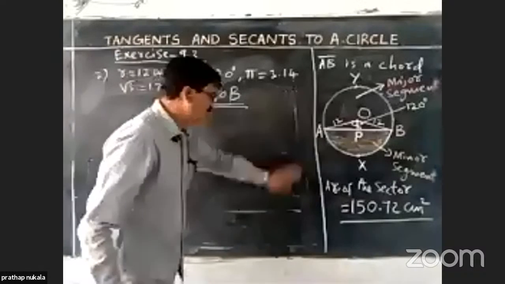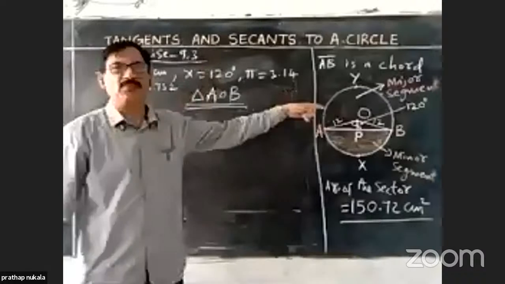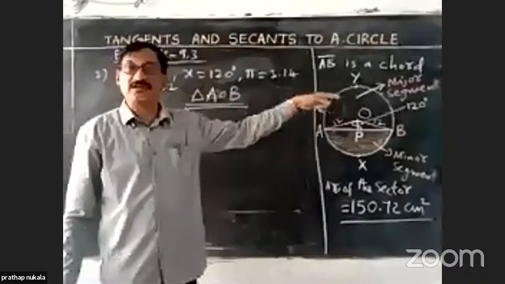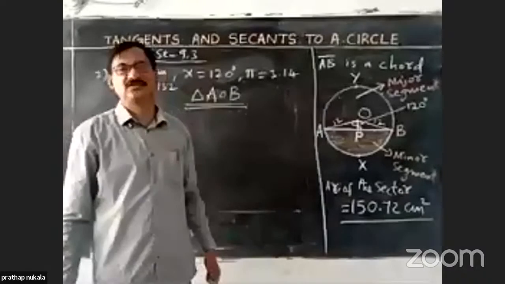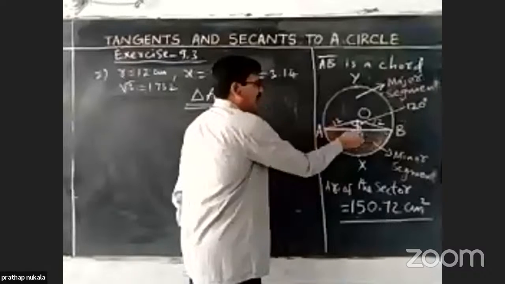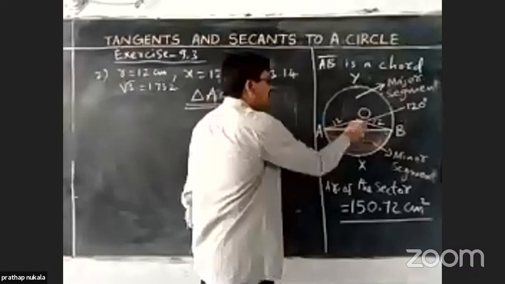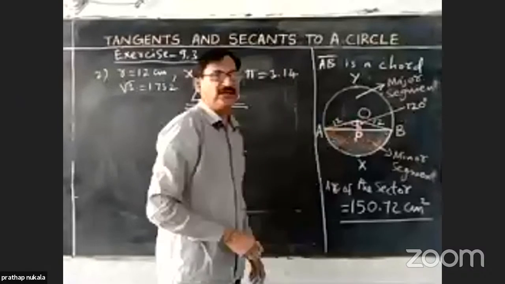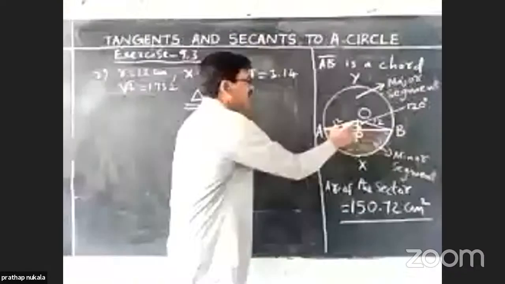For that purpose, this problem comes under trigonometry, so we are using trigonometric ratios. Since OAP is a right-angled triangle, OPB is also a right-angled triangle, and these two are congruent.